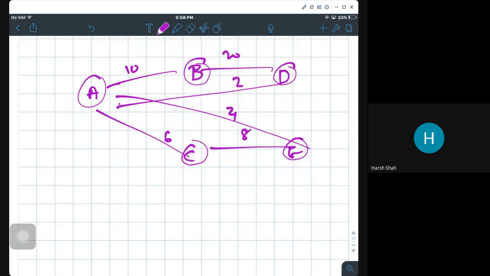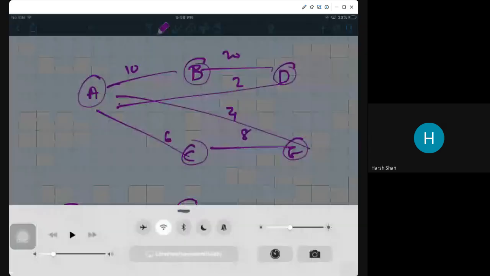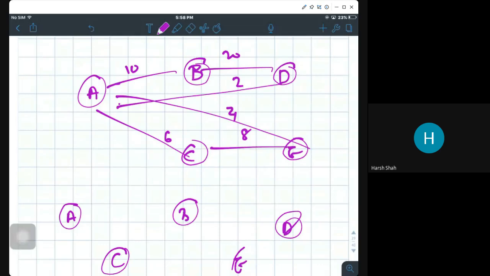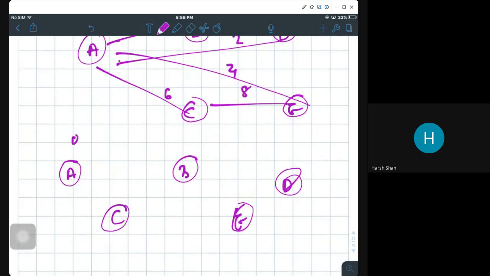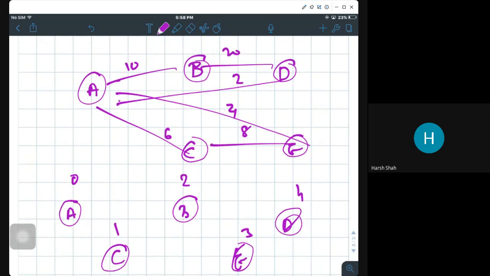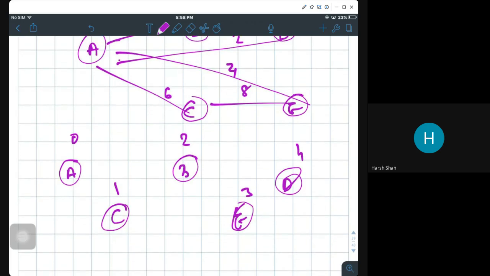A rough example. What you do is you draw each vertex and give them a component number: 0, 1, 2, 3, 4, random. Now pick the edge with the smallest weight. A to D, this is a 2.